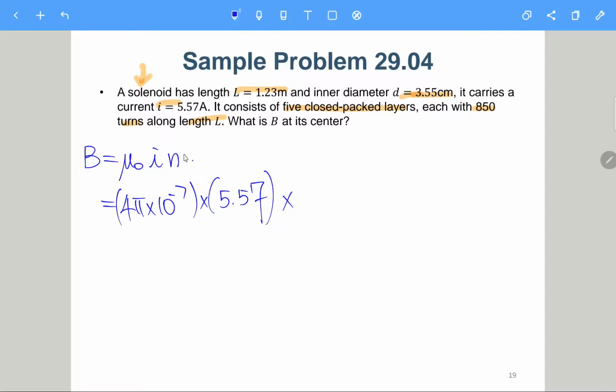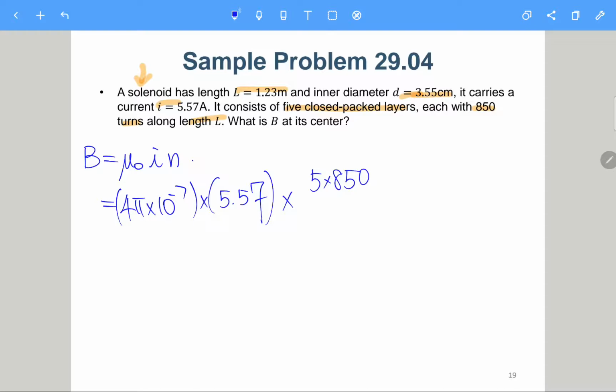n, which should be the number of turns per unit length. We have 5 packs of 850 turns, so the total number of turns will be 5 times 850.